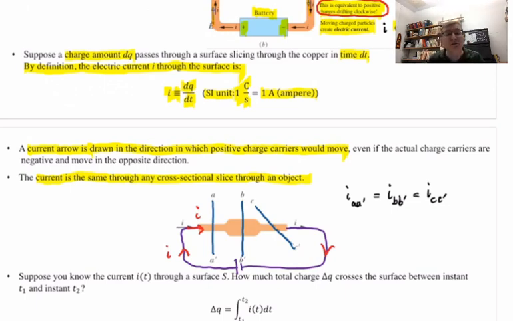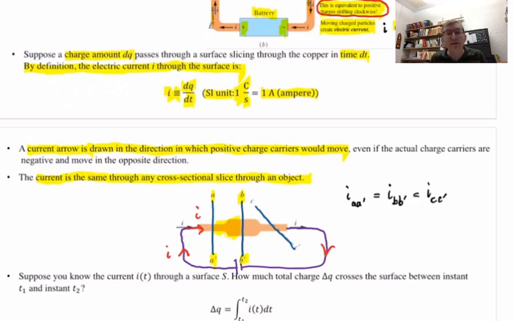So imagine, contrary to what I just said, that the current through the surface AA prime is, let's say, larger than the current through the surface BB prime. That means the rate at which charge is passing through AA prime is larger than the rate at which it's passing through BB prime. Well, that means in this strip of the copper between AA prime and BB prime, I in essence have more charge in a given amount of time entering than leaving.